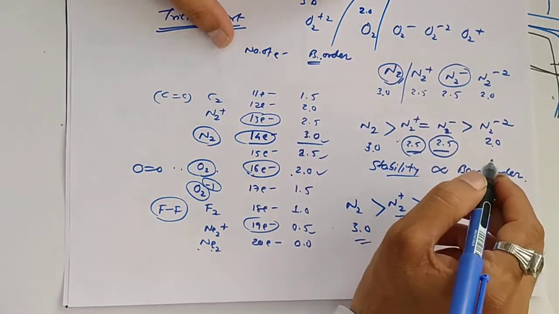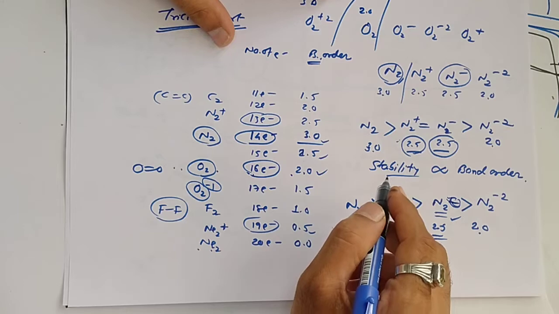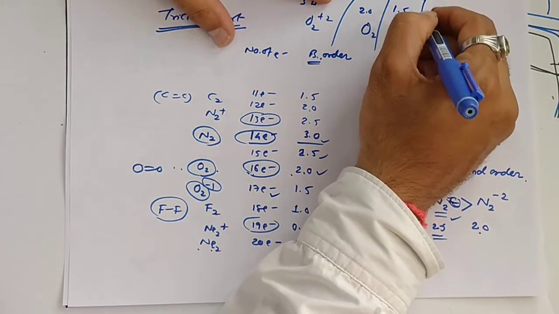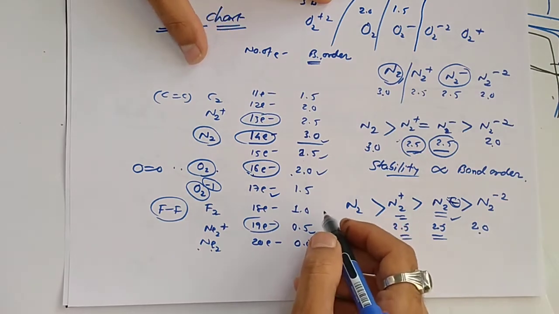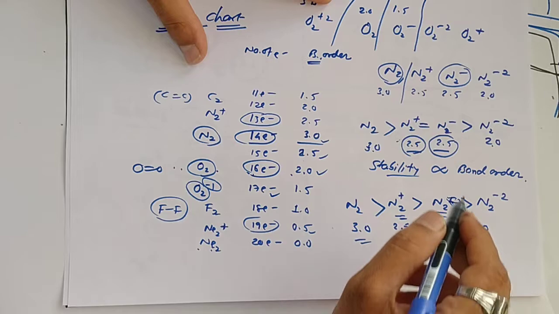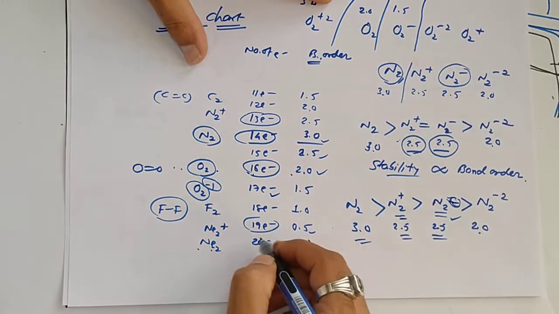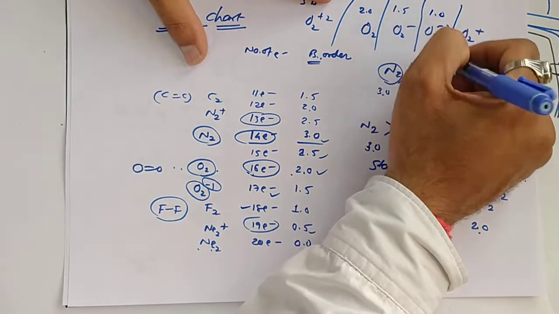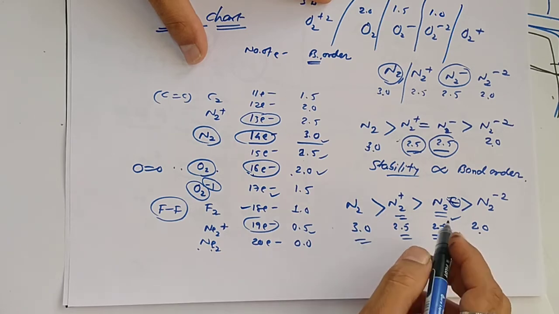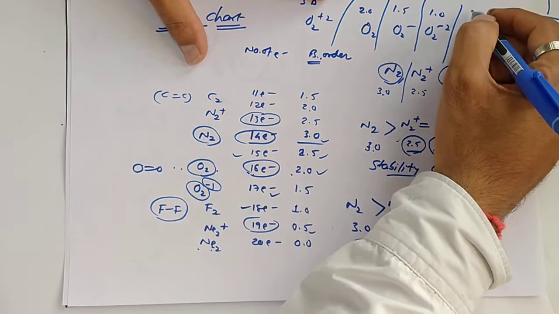In O2 minus 1, 16 and 1 is gained, 17 electrons, so 1.5 here. In O2 minus 2, 8 plus 8, 16 and 2 are gained, so 18 electrons are there, so bond order is 1. In O2 plus, 16, 1 is cut, 15, so 2.5.